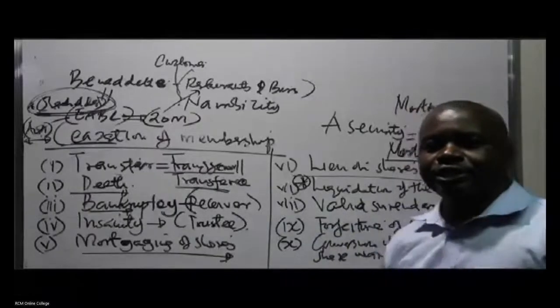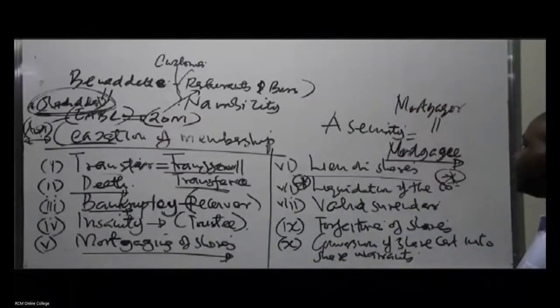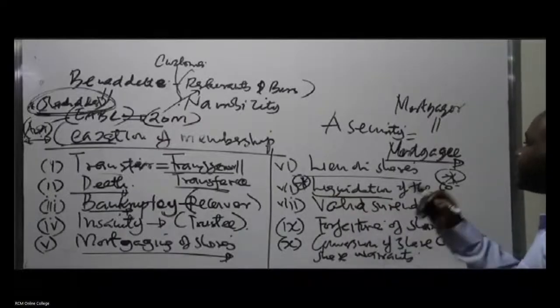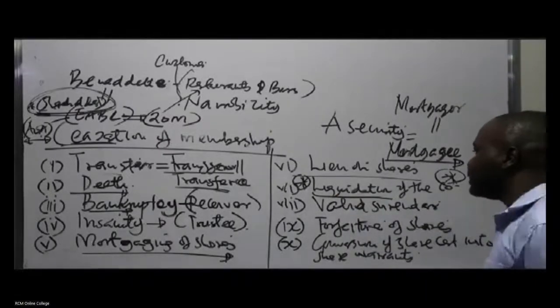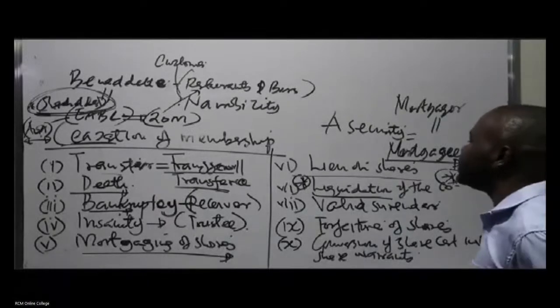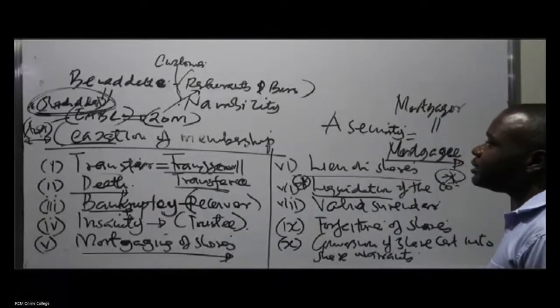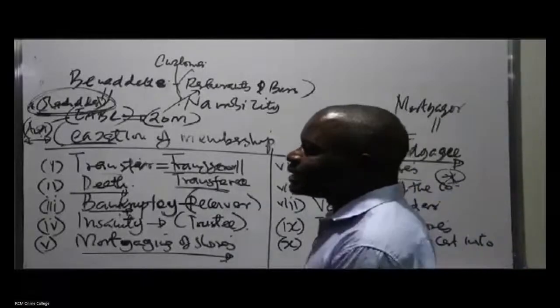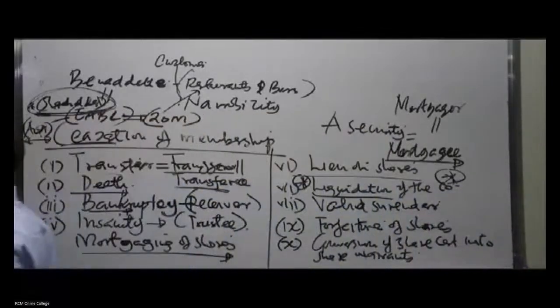We call it liquidation. Therefore, later, when you hear the term liquidation, it is the process undertaken to end the life of a company as an artificial person or a separate legal entity. Once that has happened, all who are members cease to be members of the company. Can you really be a member in a non-existent company? It cannot happen.